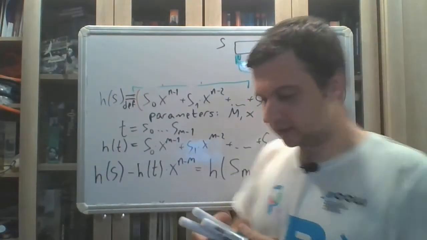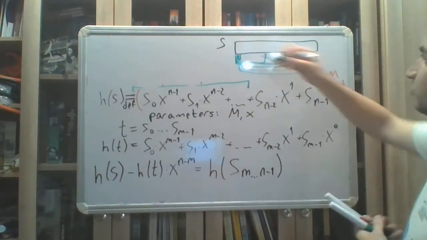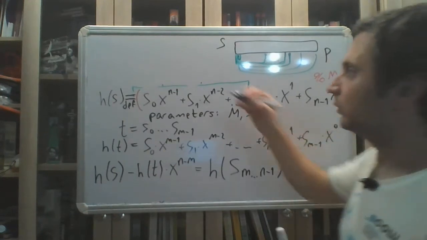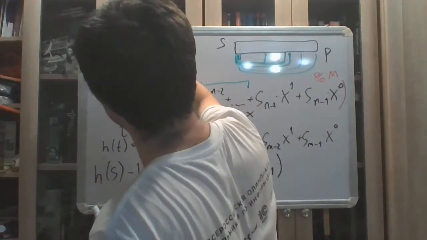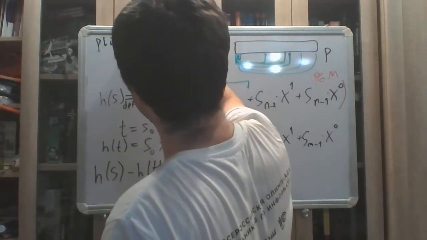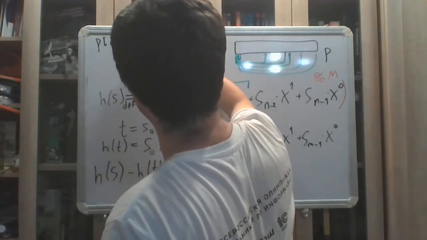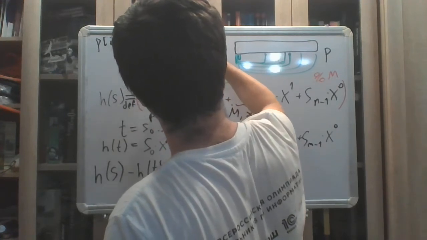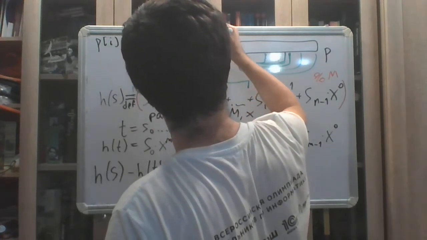So let's call these prefix hash functions an array P. So the array P by definition: P_i is just the hash function of the first i letters of s.